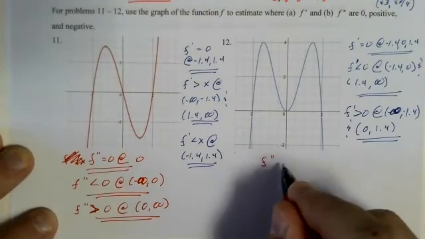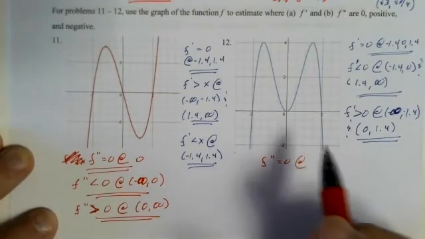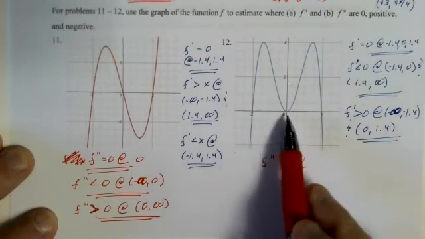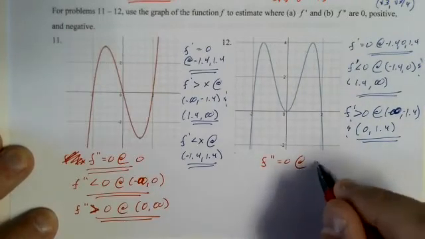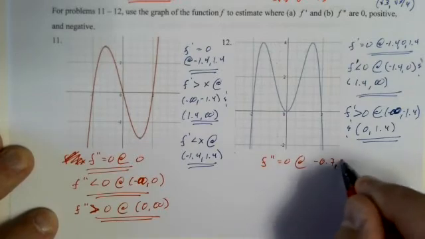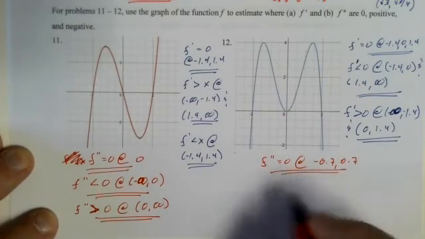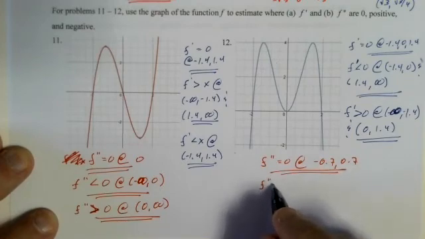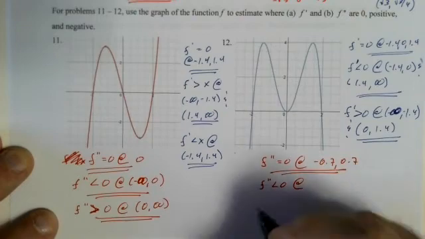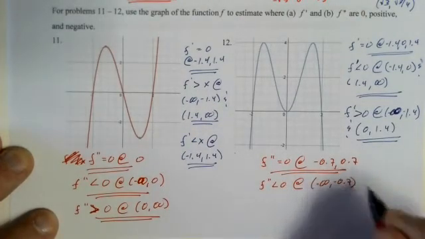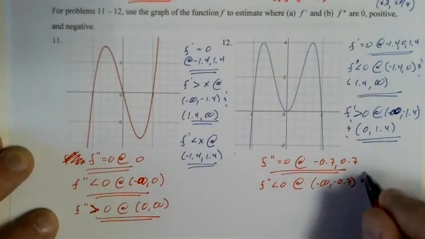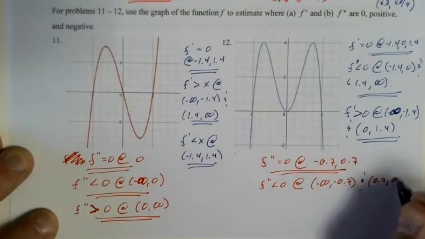f double prime equals 0 at, looks like about -0.7 and 0.7. f double prime less than 0 on -infinity to -0.7 and 0.7 to infinity.